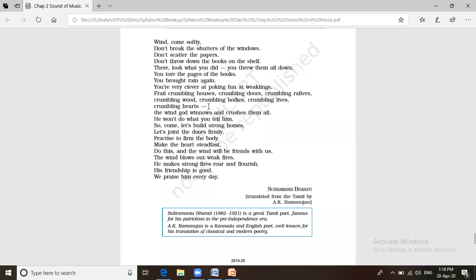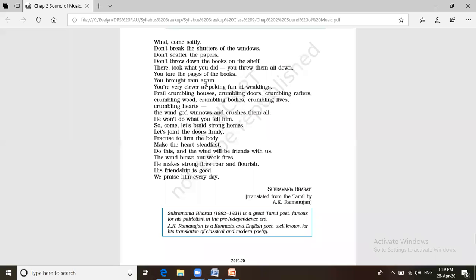Yes. See, in the beginning, the wind is like a naughty child, bringing about small damages. From there, it now graduates to becoming like a violent youth, and it is now poking fun at weaklings.